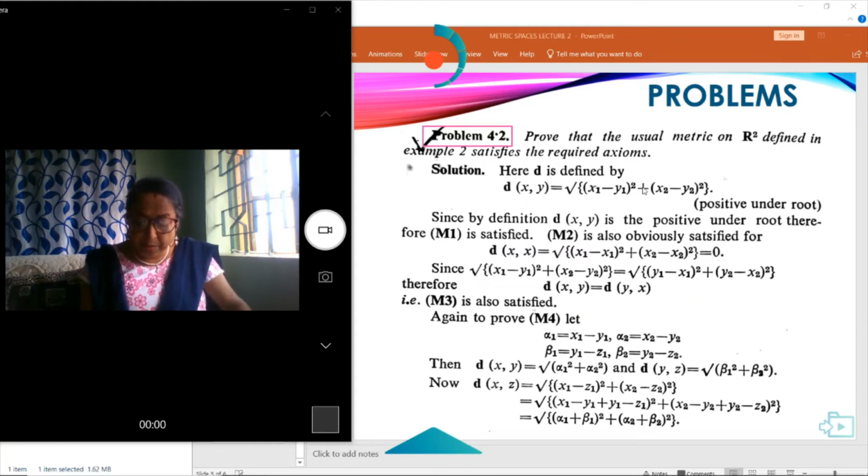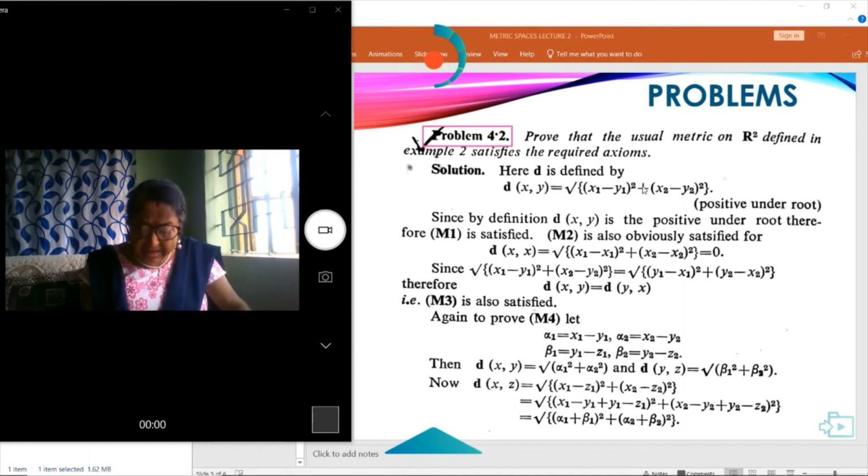Now, to prove M4, we take alpha 1 equal to x1 minus y1 and alpha 2 equal to x2 minus y2, and beta 1 as y1 minus z1 and beta 2 as y2 minus z2. Then d(x, y) can be written as the root of alpha 1 square plus alpha 2 square, and d(y, z) as the root of beta 1 square plus beta 2 square.